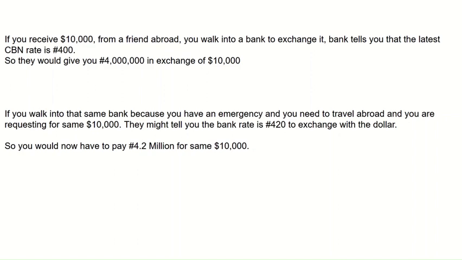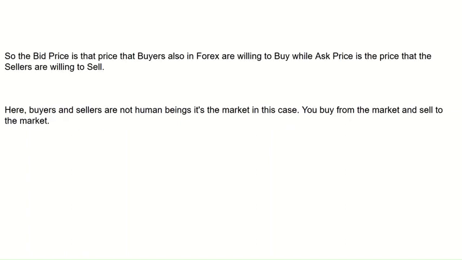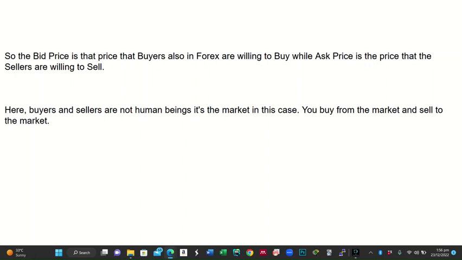The 420 naira here is the ask price. It is the price that the bank is willing to sell to you. So 400 naira is the bid price, while 420 naira is the ask price. The bid price is the price that buyers in forex are willing to buy at, while the ask price is the price that sellers are willing to sell at. I hope you get it now.